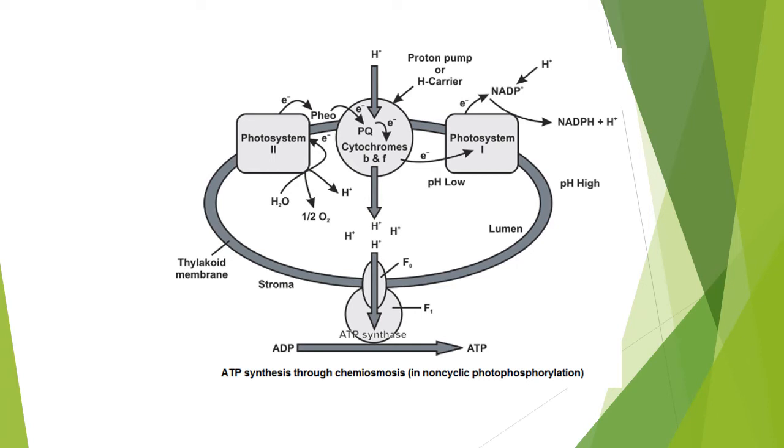According to this theory, H plus enters the stroma side through CF0-CF1 ATPase due to the proton motive force, PMF. I already discussed this in class. ADP and Pi utilize this proton motive force to produce ATP through ATPase, which undergoes a conformational change. In ATP synthase, F0 is the base, F1 is the head.